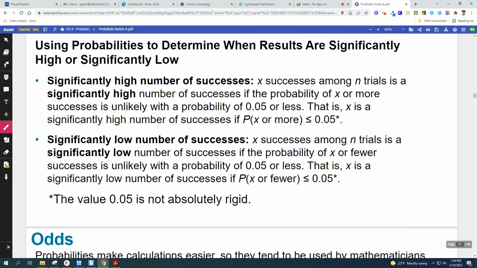And then there's this. Using probabilities to determine when results are significantly high or significantly low. I think you should just read this yourself. I think if I read this to you, your eyes are going to glaze over. Okay, so the key here is this 5% number. When you get to this question in your homework, it has something to do with 5%.